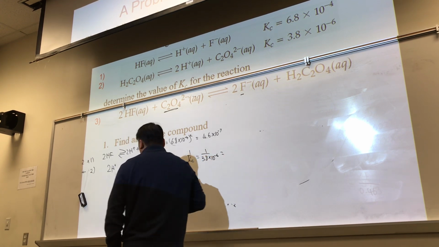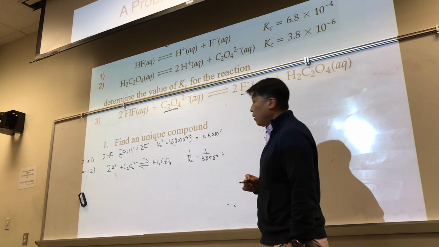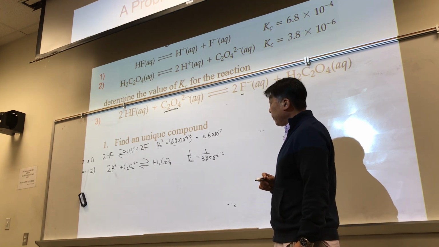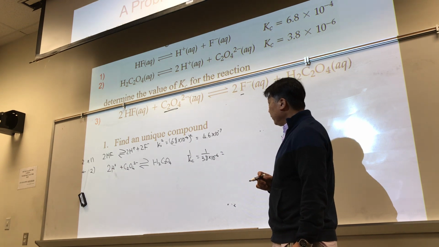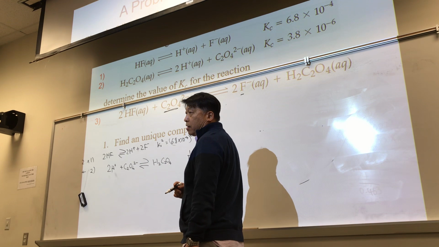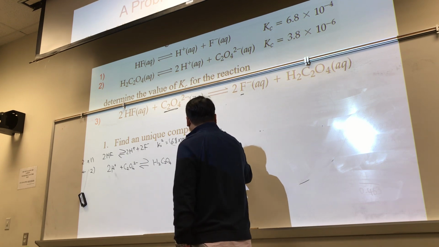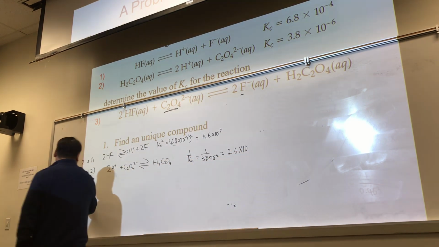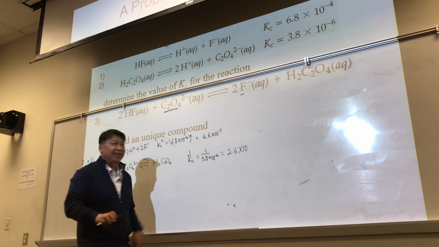What do you get? Let's calculate. 2.63. Just 2.6 is okay. And times 10 to the... then make it 3. If you're just going to do 2.6, you want to leave it at that? Yes, that's what I have.